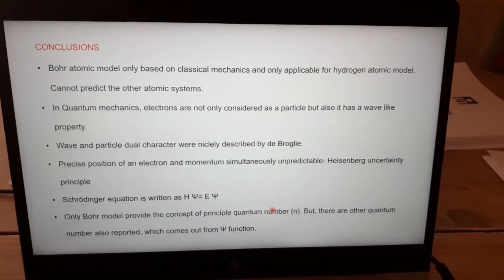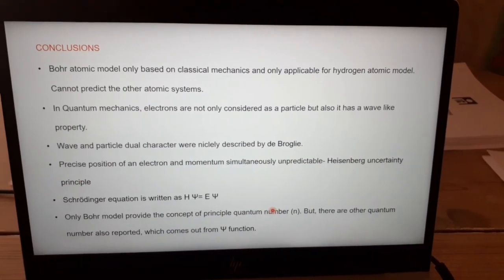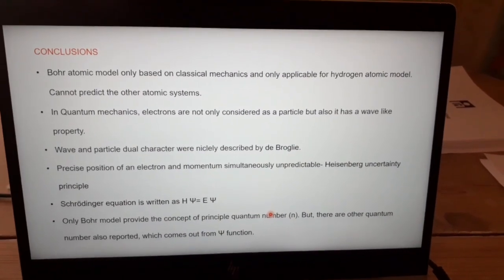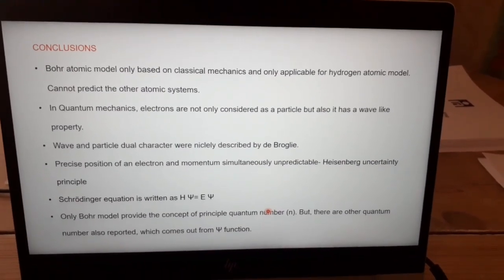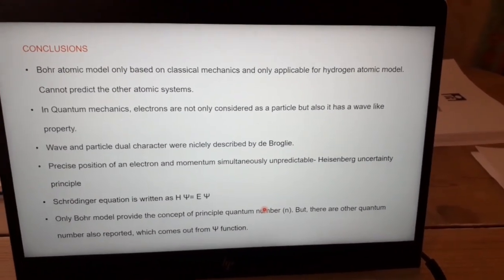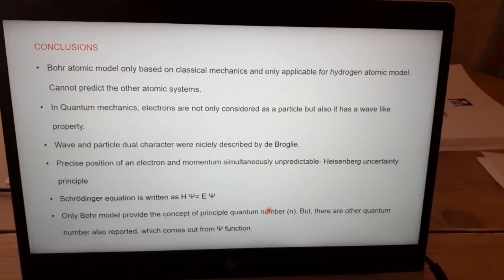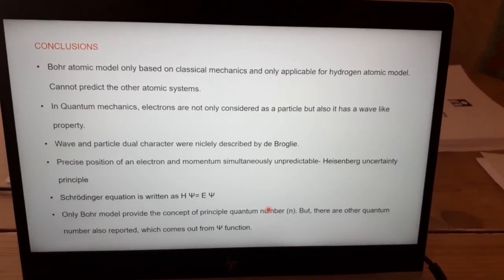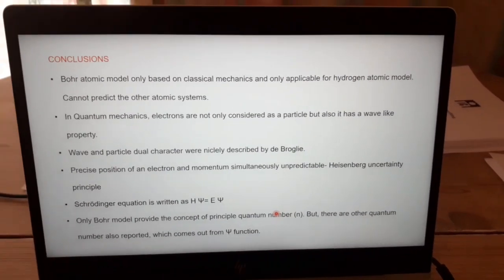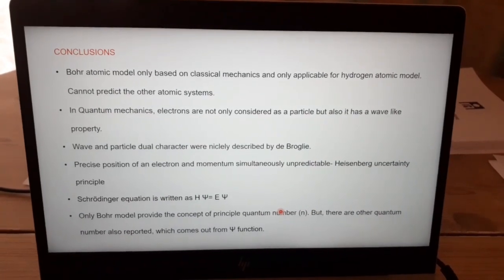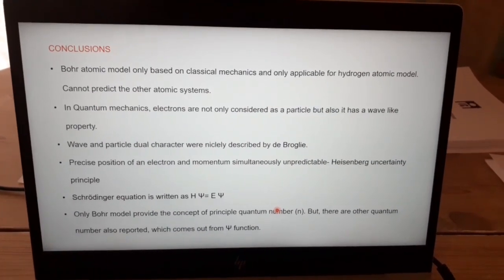The wave-particle dual character is nicely described by de Broglie's theorem, which is very important for the different mathematical solutions. And the precise position and momentum of the electron are simultaneously unpredictable, which is the famous Heisenberg uncertainty principle.